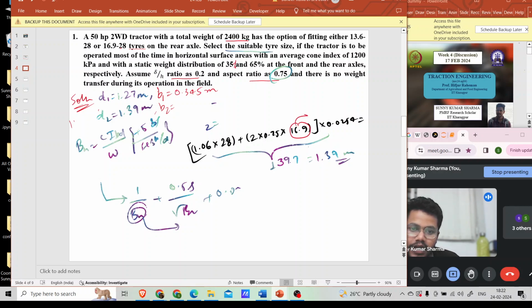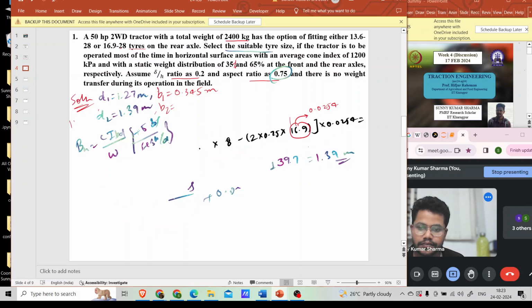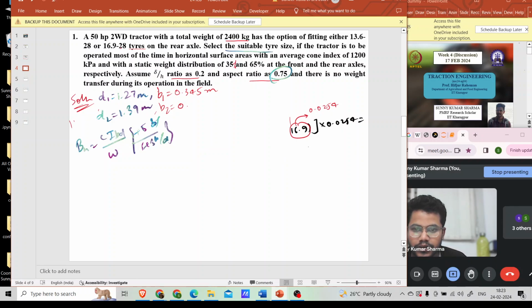And this 16.9 into 0.0254 will be B2. 16.9 into 0.0254 is 0.421 meters.